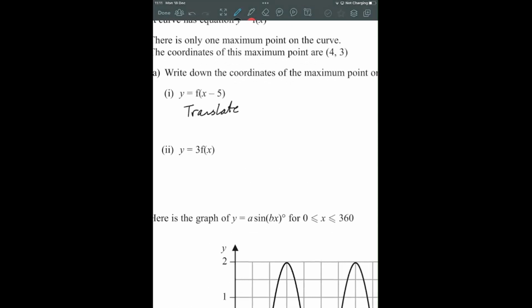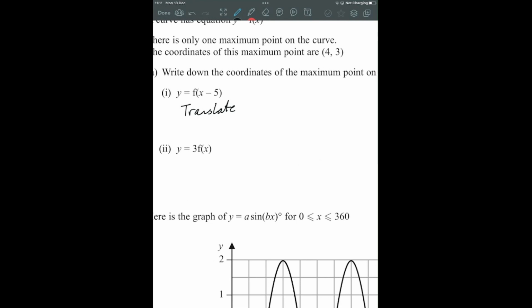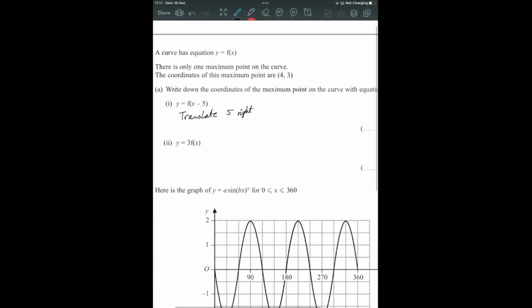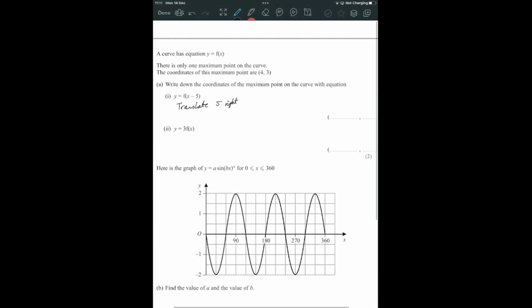A subtraction or an addition is a translation. Inside the bracket, it does the opposite. So this looks like minus 5, but it actually means we're going 5 to the right. Well, if my point was at 4, 3, 5 to the right is at 9, 3.